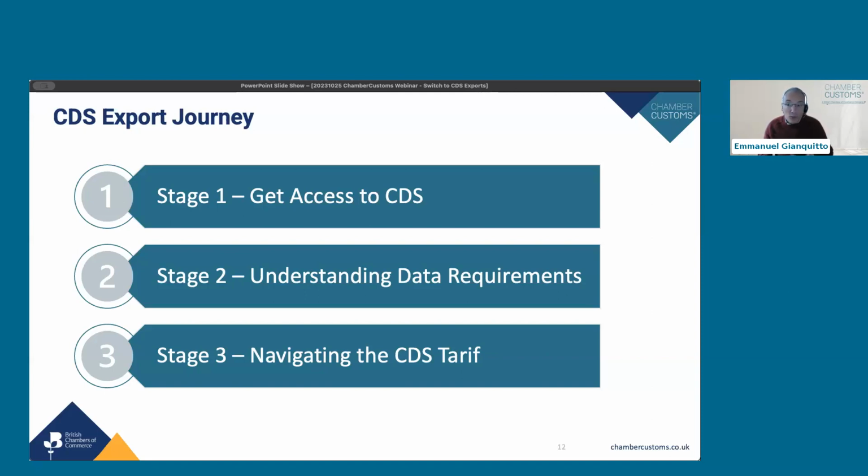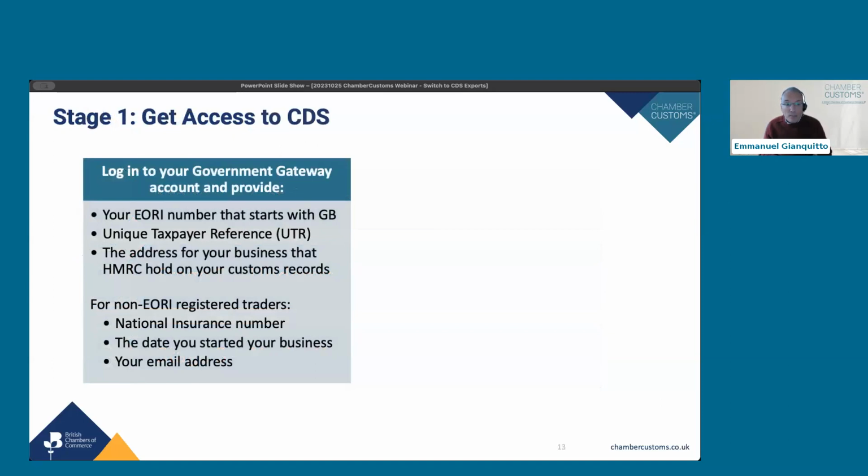But in order to use CDS, there are steps that we need to take. I believe that most people on this call will have done this already. But if you haven't done that yet, you will need to register. And in order to register for CDS, you will need an EORI number.